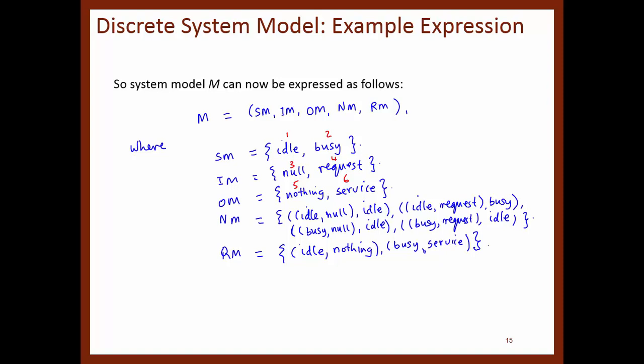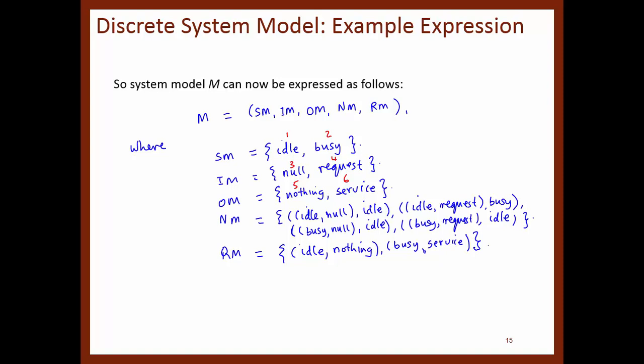If you're idle and your input is null, then you stay idle. If you're idle and your input is request, then you go to busy. If you're busy and your input is null, then you go back to idle. If you're busy and your input is a request, then you go back to idle. The readout function means that if you're idle, you are not outputting anything, but if you're busy, then your output is service.